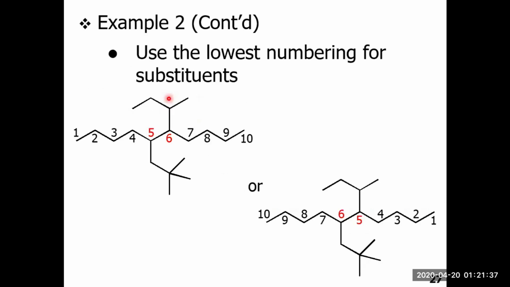If you look at this, that's 5 and 6 if we number from left to right, and it will also give us 5, 6 if we number from right to left. So in any manner of numbering the parent chain, both will give us 5, 6 as the combination of locants. So how do we break this tie?